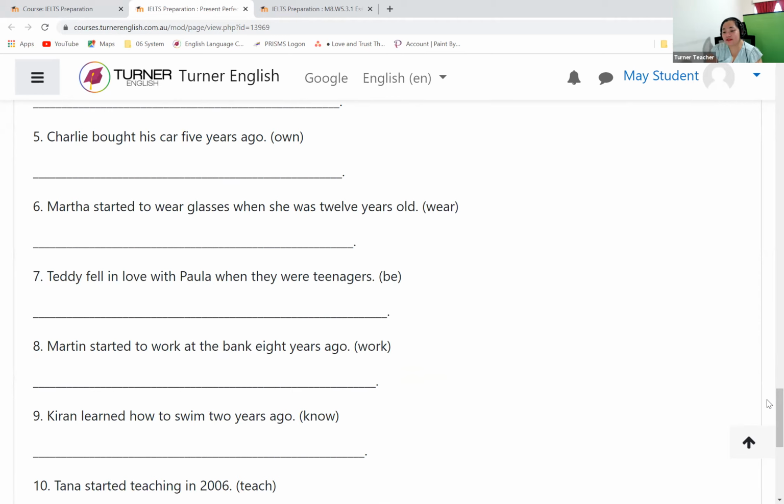Charlie has owned his car. Okay, so not "has had grown."